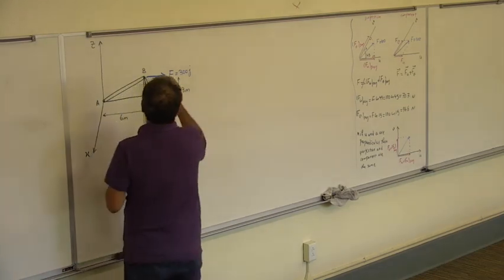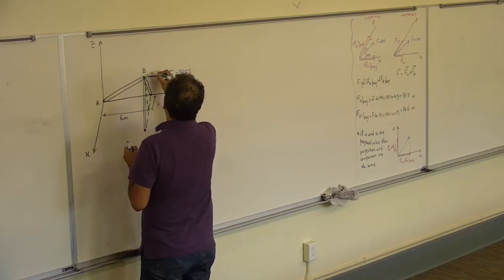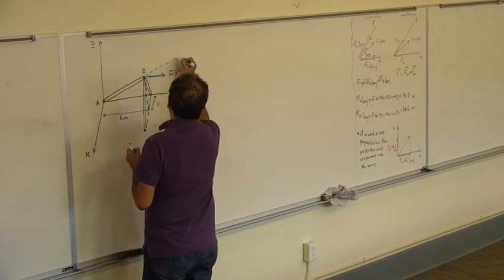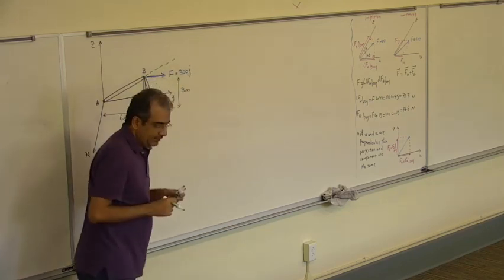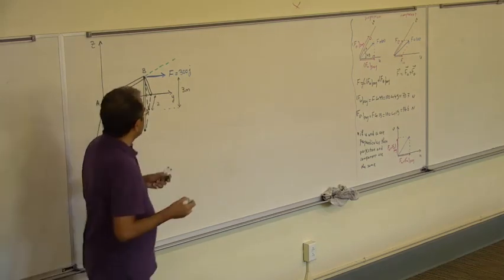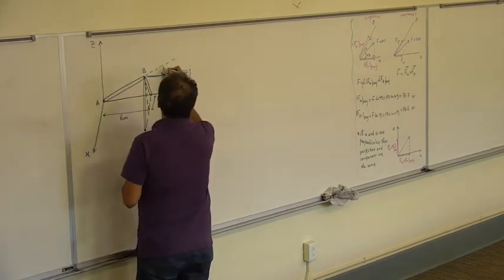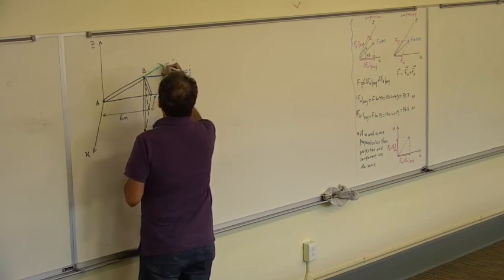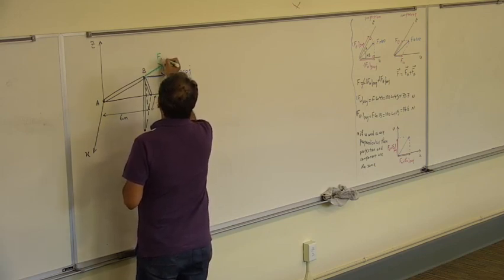So if I want to find the component along that line, if I draw that along that and then find that component, so this is the FAB.